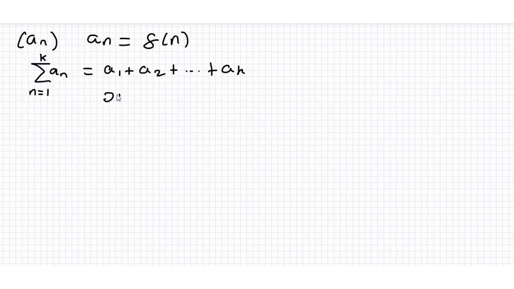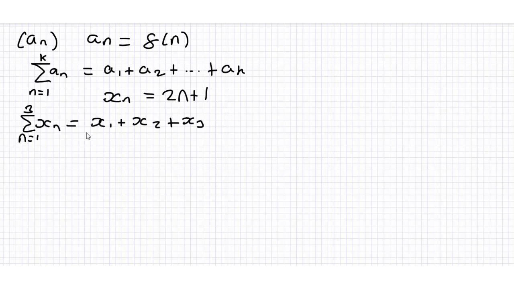So if we take x_n to be 2n plus 1, now if we sum from n equals 1 to 3 of x_n, that's equal to x_1 plus x_2 plus x_3. So x_1 is just 2 times 1 plus 1, x_2 is 2 times 2 plus 1, x_3 is 2 times 3 plus 1. So this turns out to be 3 plus 5 plus 7, and that's equal to 15.